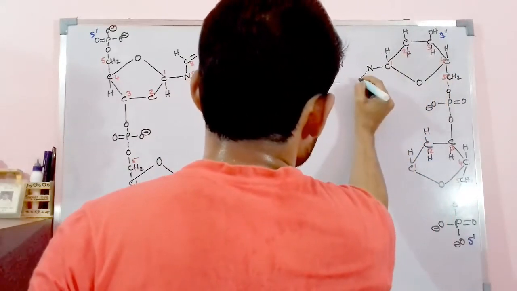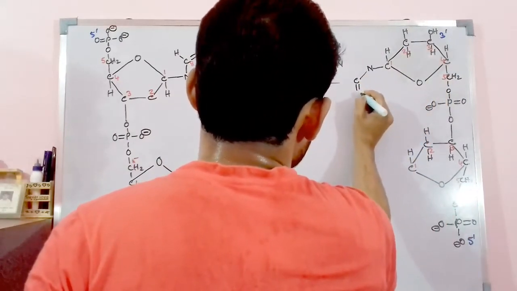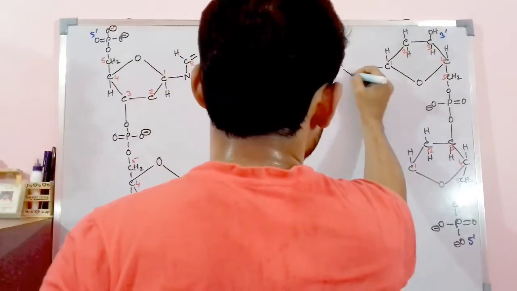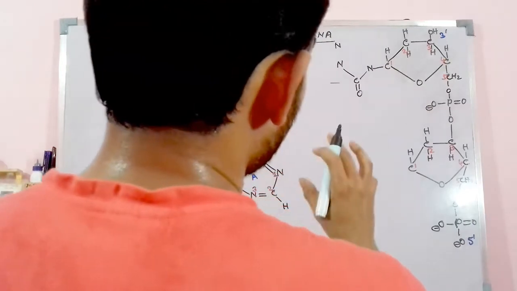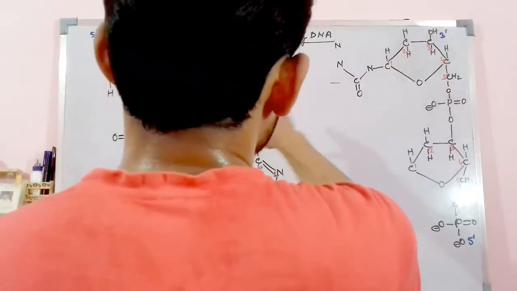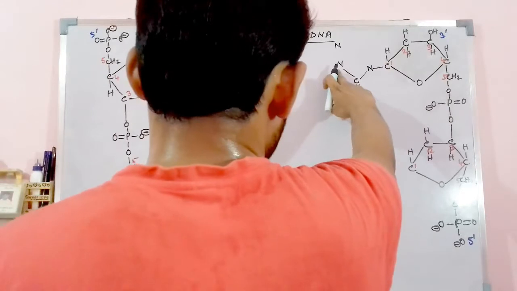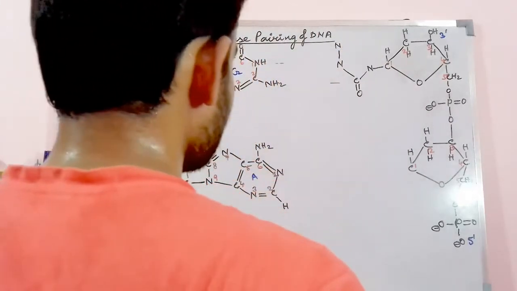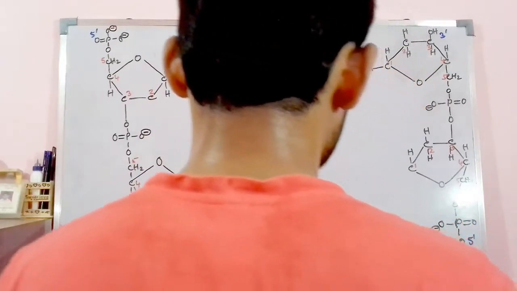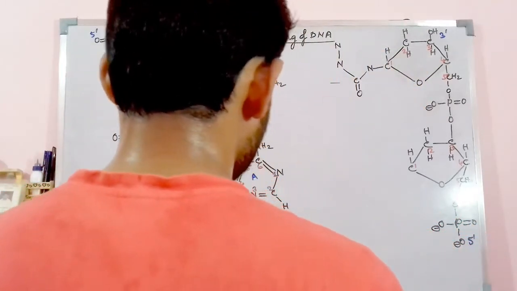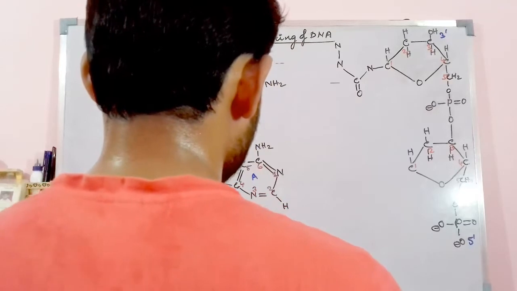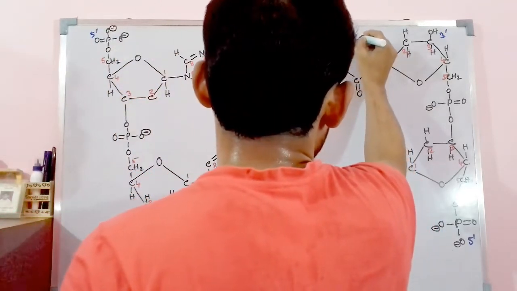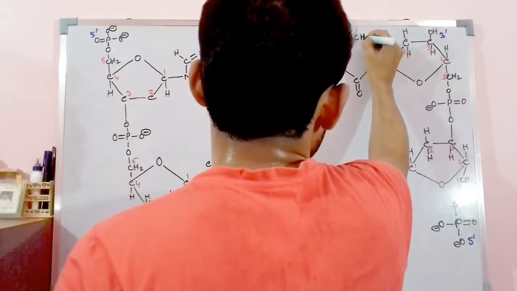Carbon present here, which is having a double bond with O, and that carbon will again have a bond with the nitrogen here, and that nitrogen will form a bond with the CH molecule present here.